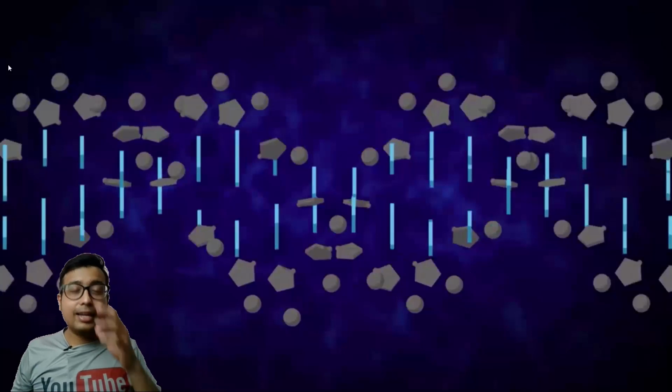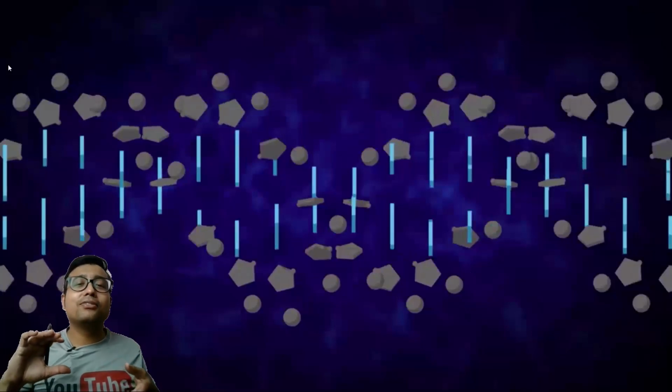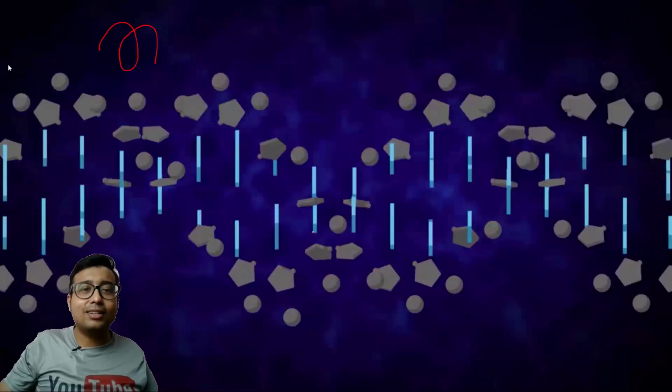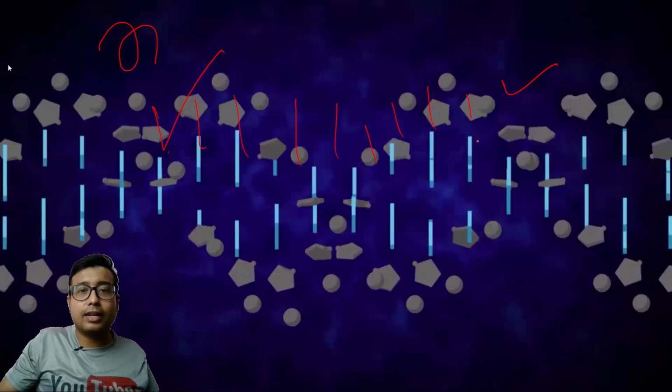Now we have twisted the whole thing, so the polynucleotide structure has been twisted. Each turn, one turn means like this, actually has 10 base pairs from here to here. So 1, 2, 3, 4, 5, 6, 7, 8, 9, 10.